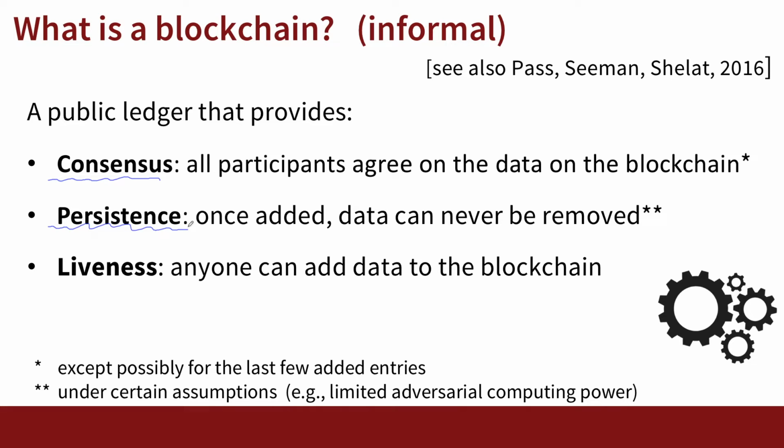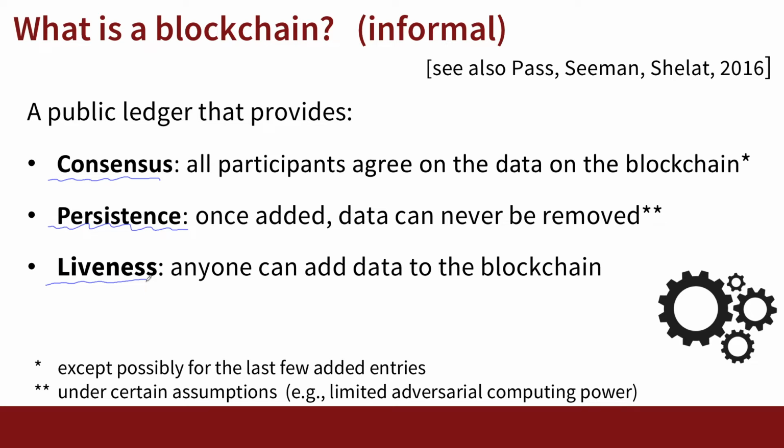The third property that a blockchain provides is what we call liveness, which means that, in fact, anyone can add data to the blockchain, so it's not possible to prevent you from adding your own transactions to the blockchain, or it's not possible for the blockchain to get stuck so that no one can add new transactions to it. Okay, so I want you to remember these three properties: consensus, persistence, and liveness, because those are going to be fundamental properties that the blockchain as a data structure provides to us, and we're going to be building applications on top of that.